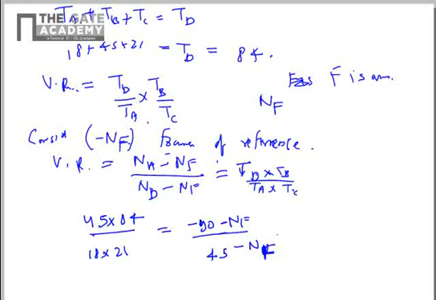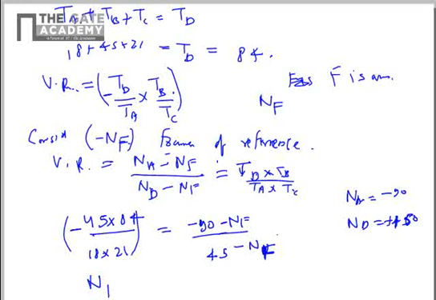Now in this case we have to determine the velocity ratio, but we have to assign a sign to it also. We know from the given condition that NA is minus 90 and ND is plus 450. So the direction of rotation of input and output is opposite, so the velocity ratio will also be negative here. You have to consider this sign convention. You should pay attention, otherwise you get the wrong result. So the minus sign should come here.